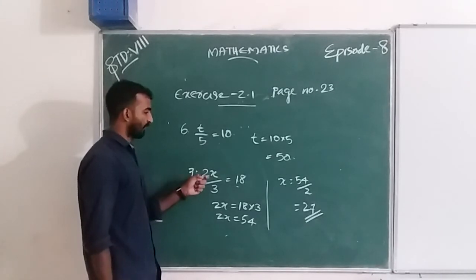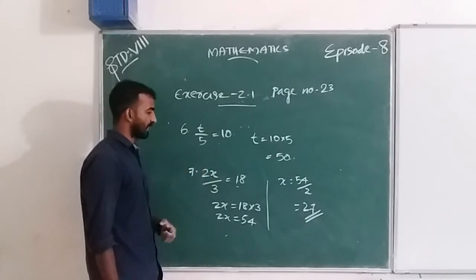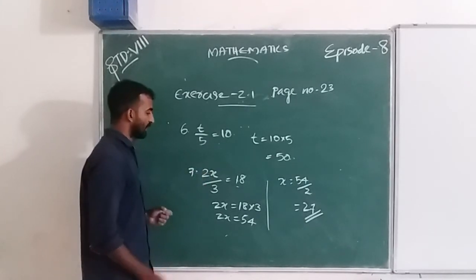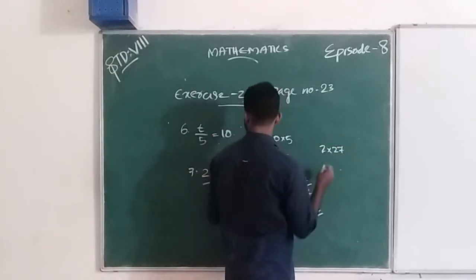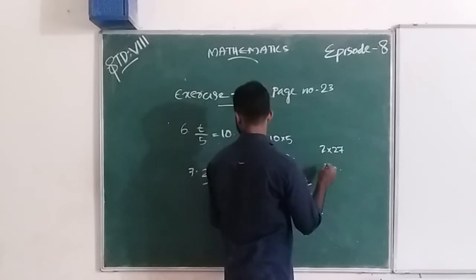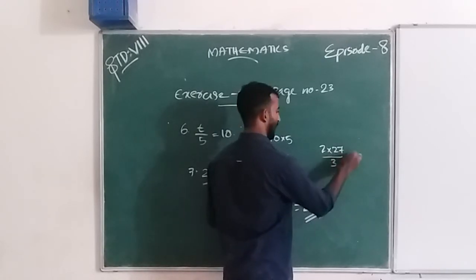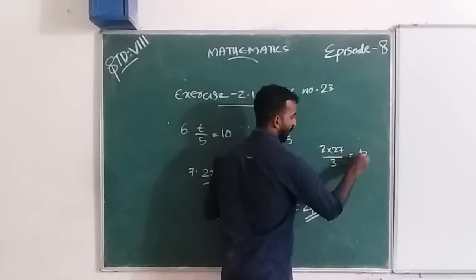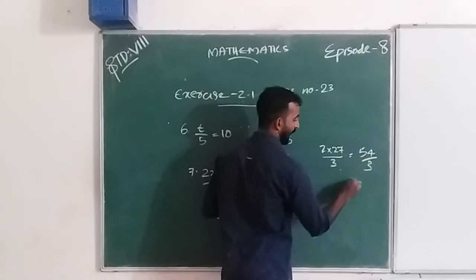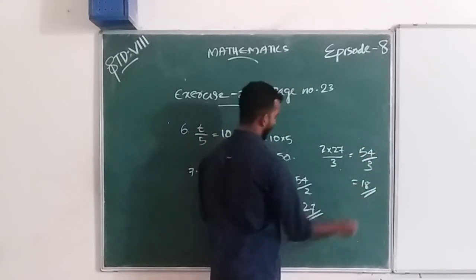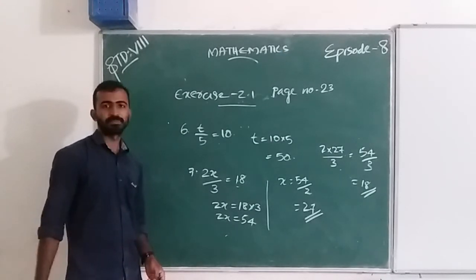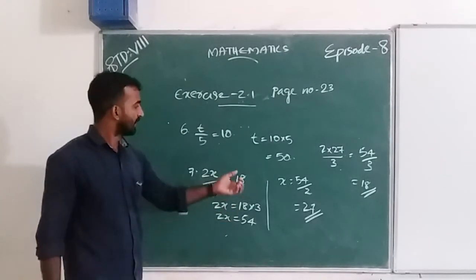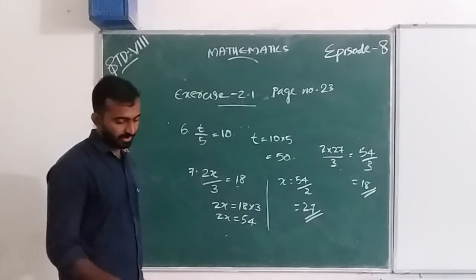When we put the value of x, 2 into 120 by 3 equal to 240 by 3 equal to 80. Yes, it is right. Both the left side and right side are equal.